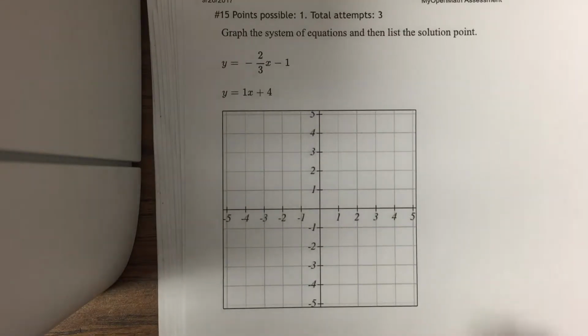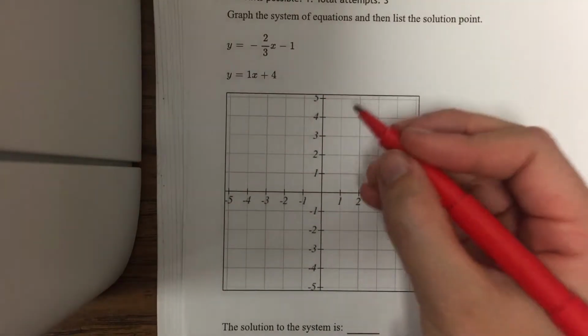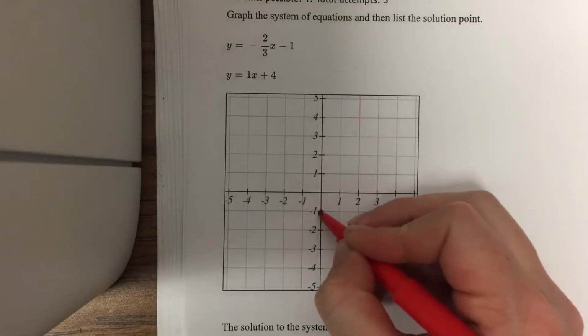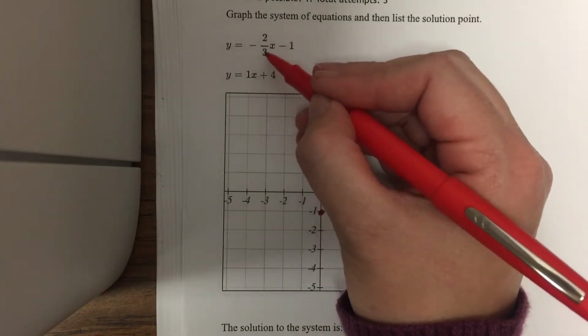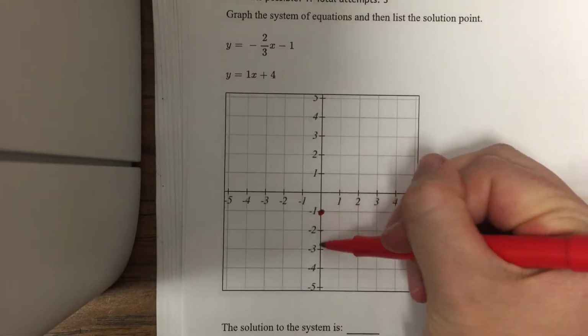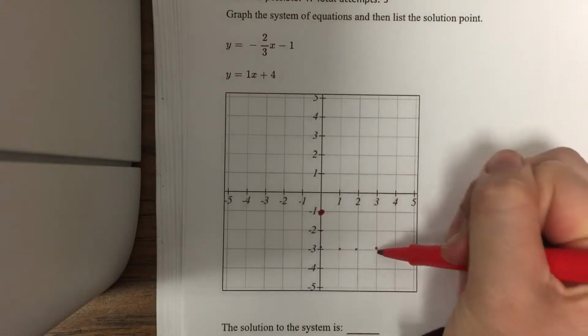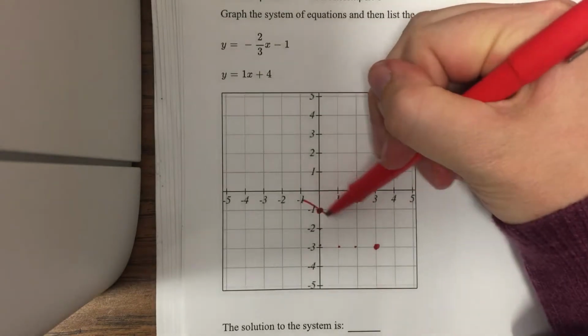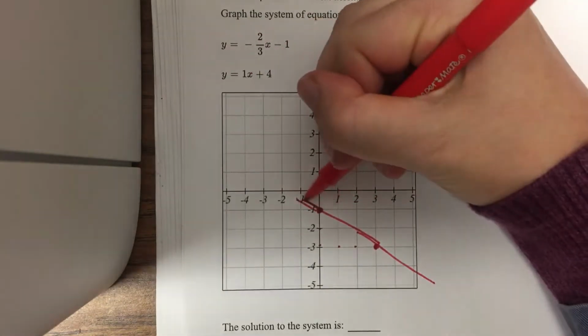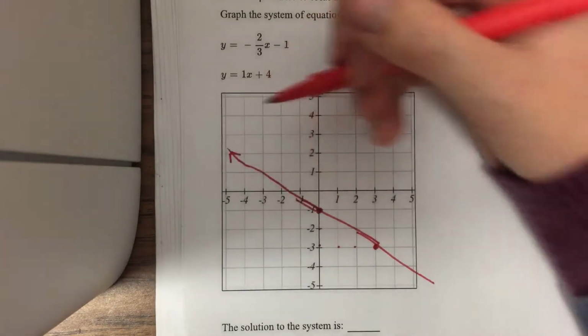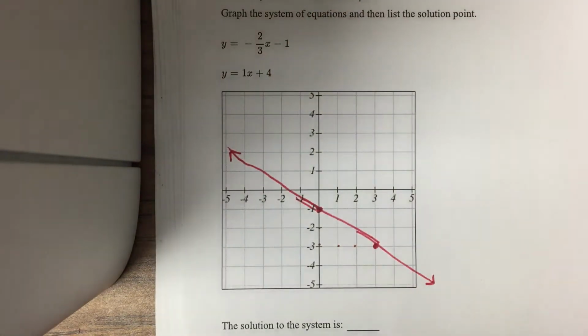Now we get to graph 2 lines. Okay, we have negative 1 as our y-intercept. Then we have to go down to positive 3. Down to positive 3. Oops, that's a bad line.